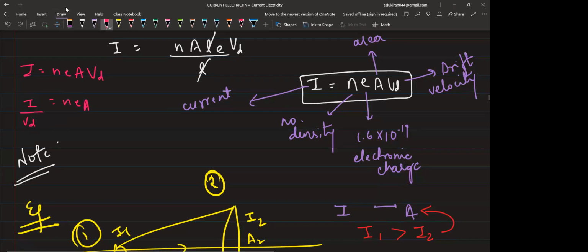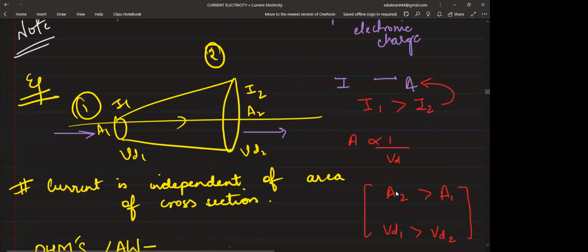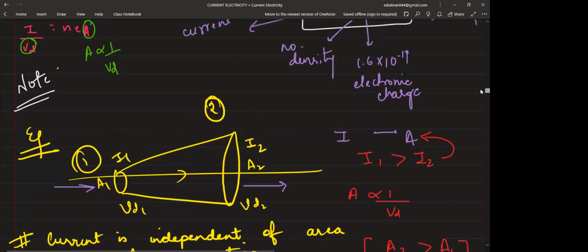From here you can figure out that area and drift velocity are inversely proportional. This is true, there is no exception in this. When area is more, drift velocity is less. If A2 is greater than A1, then drift velocity 1 will be greater than drift velocity 2. So this is the logic here.